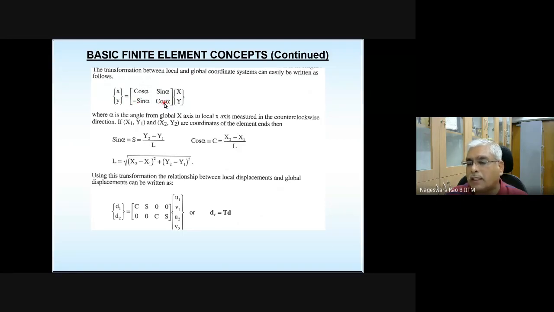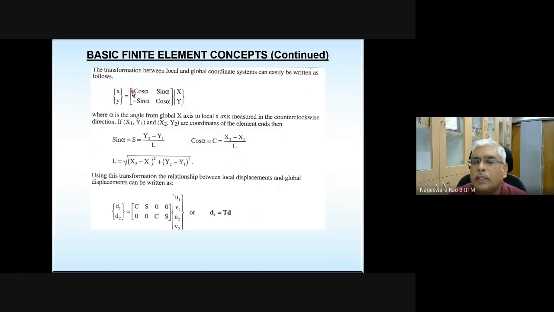This location is the cosine of the angle between local y-axis and global y-axis. That is how you need to remember this, and that's why this matrix is called the matrix of direction cosines. I don't know how you remember this; it's always confusing to me whether the minus should be here or here.